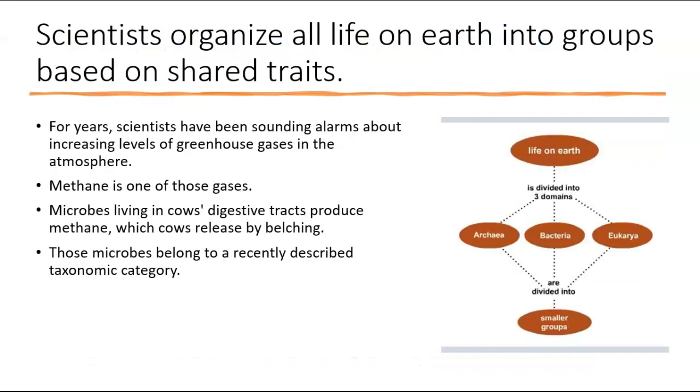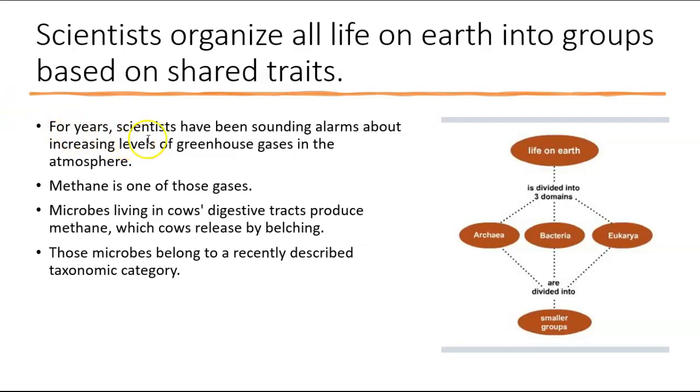All life on Earth has been organized into groups, well, all discovered and described life on Earth, because we learned yesterday that there are a lot of species that have yet to be discovered that are being discovered each year.